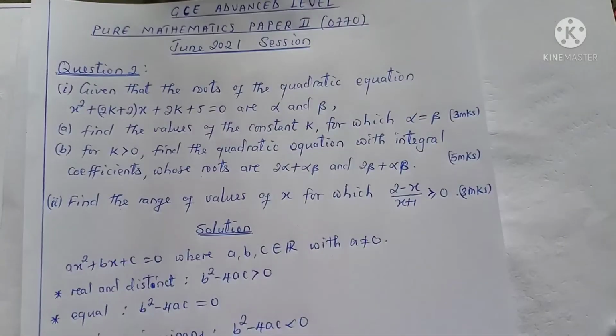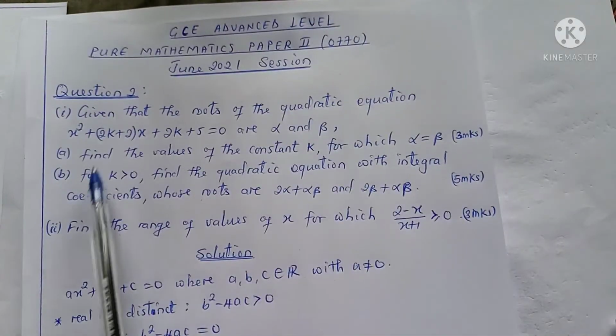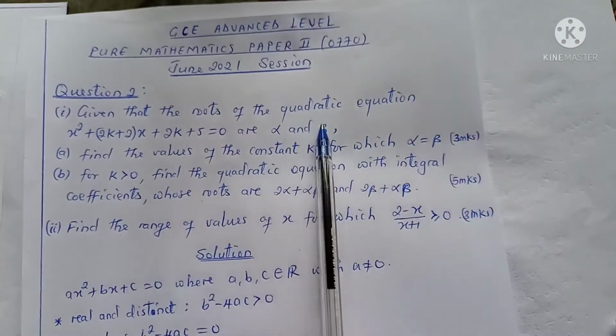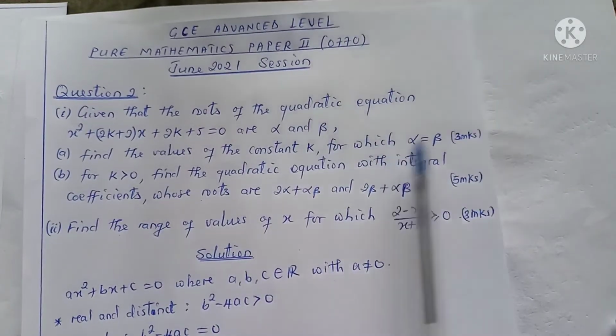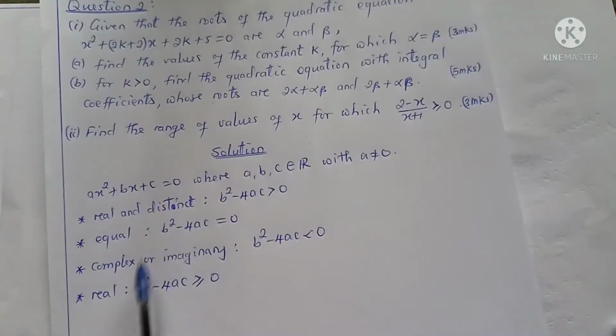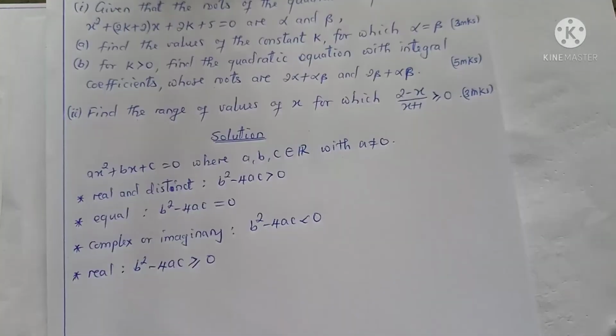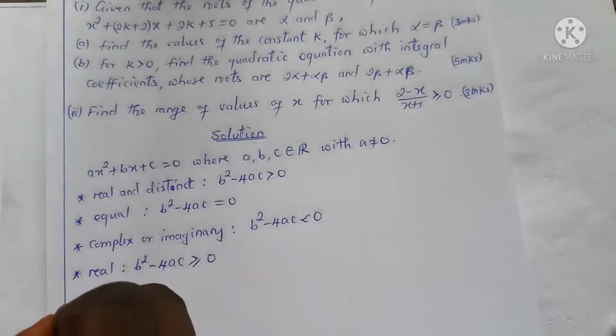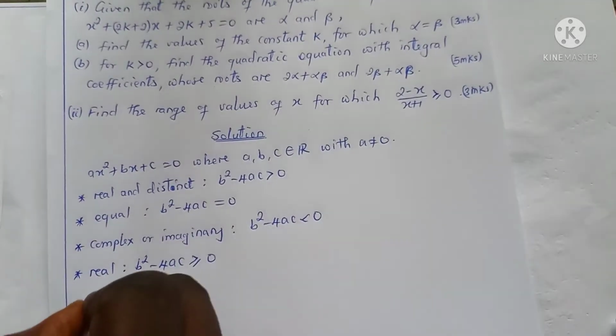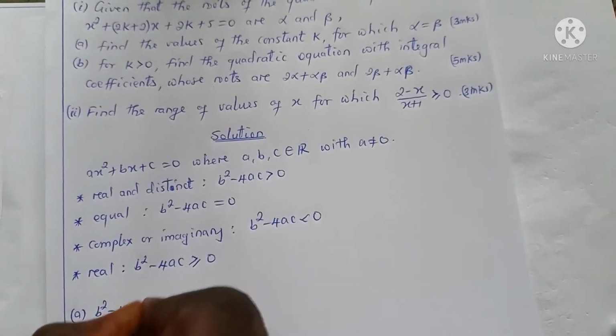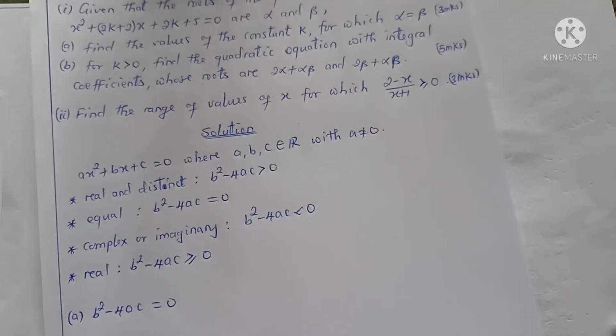So in this particular question, we are told that the roots are alpha and beta, and that alpha is equal to beta. So that means that the discriminant is 0. It shows that the roots are equal. Therefore, for question A, we know that the discriminant b squared minus 4ac will be equal to 0.